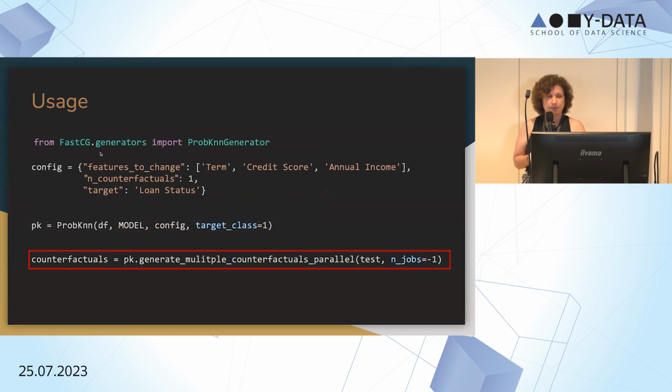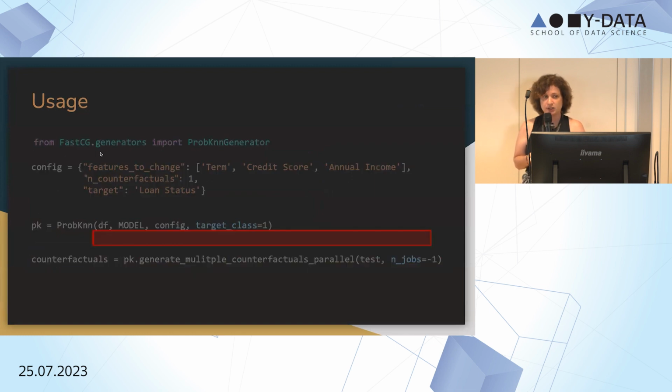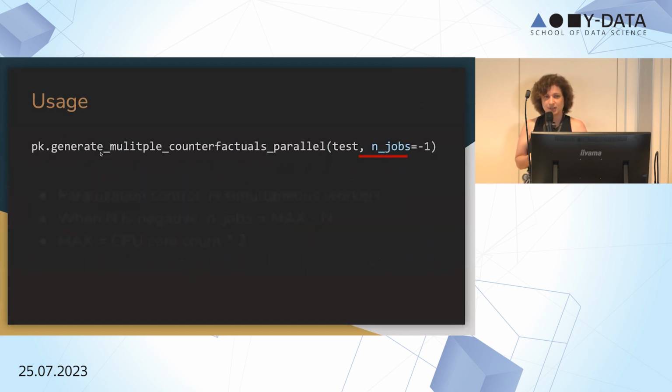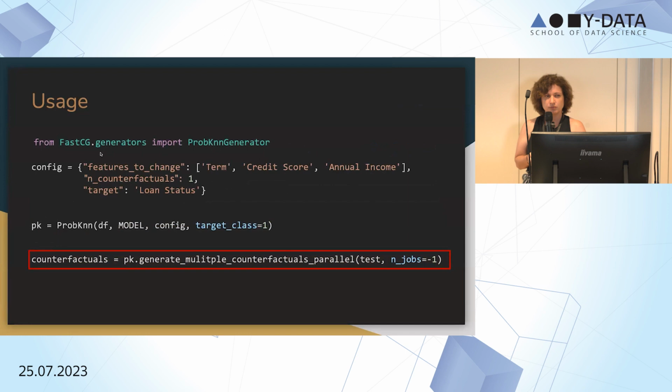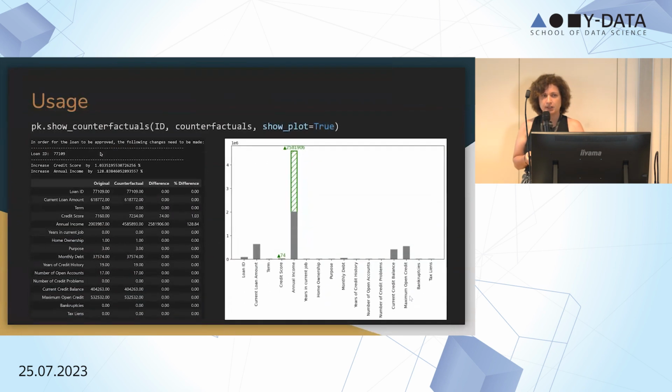Okay. So the model gives us the counterfactuals very fast, and you see that it can be parallelized. It gives us the result as a table and a picture, a graph.